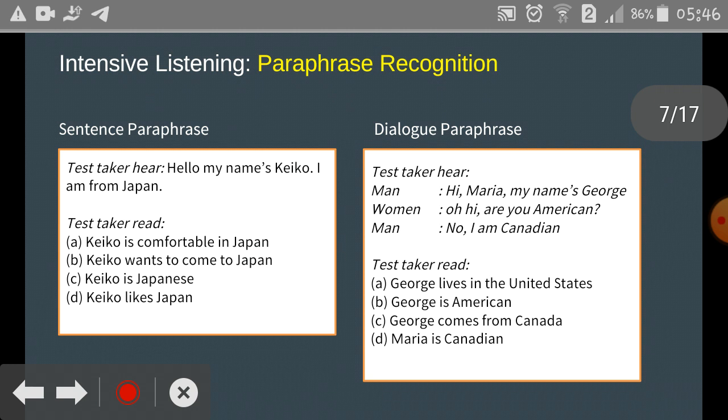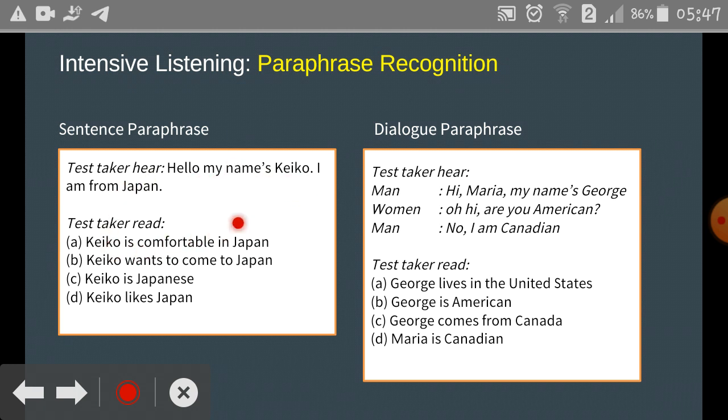Okay, another example of intensive listening is paraphrase recognition. You have sentence paraphrase and also dialogue paraphrase. In sentence paraphrase, for example, the student will hear, "Hello, my name's Keiko. I'm from Japan."